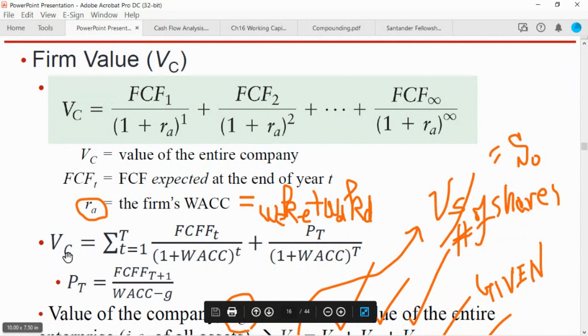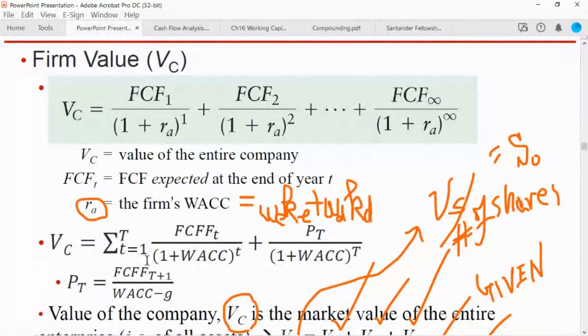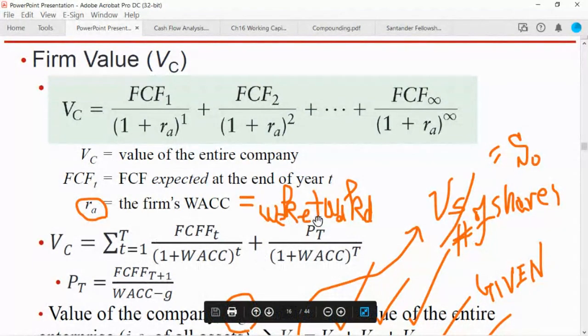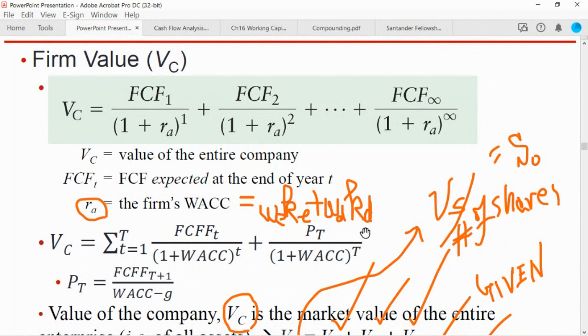So let's see. The value of the company is the sum of all the free cash flows. If you have a terminal time, and time runs from 1 through terminal time T, but again, this will drop out unless there is a certain terminal time, because if it is going to infinity, then it will be close to 0.